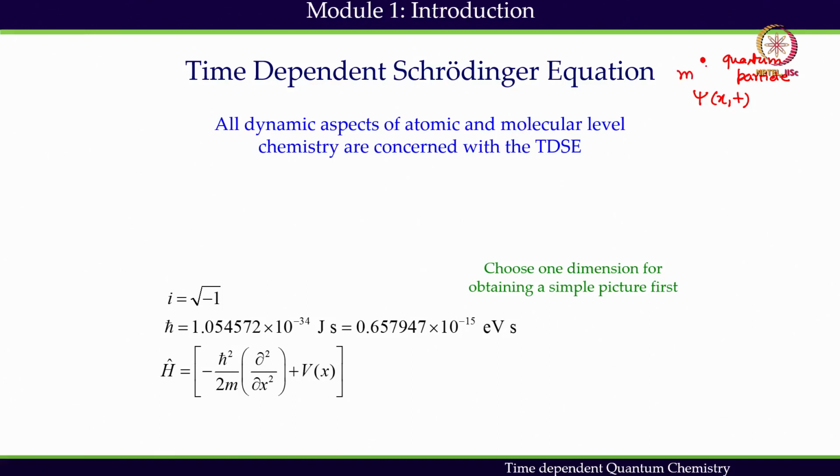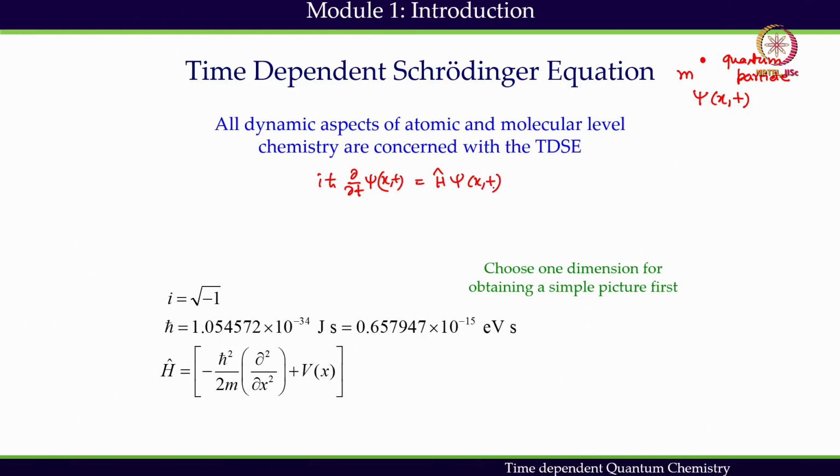The TDSE of this particle in one dimension is written as i h-bar partial derivative of psi with respect to t equals H-hat psi x,t.